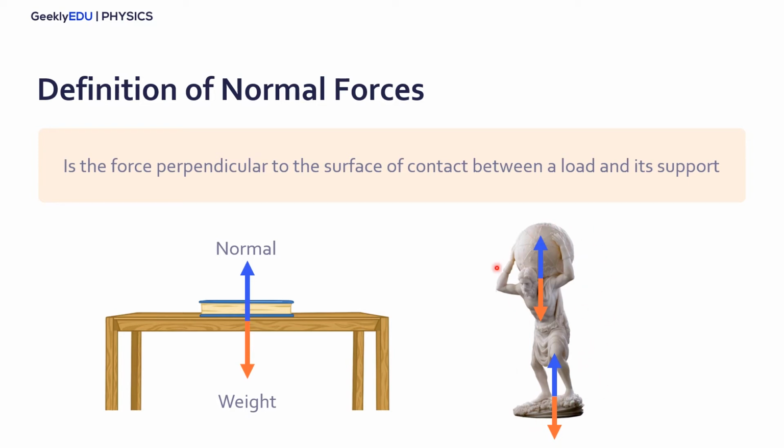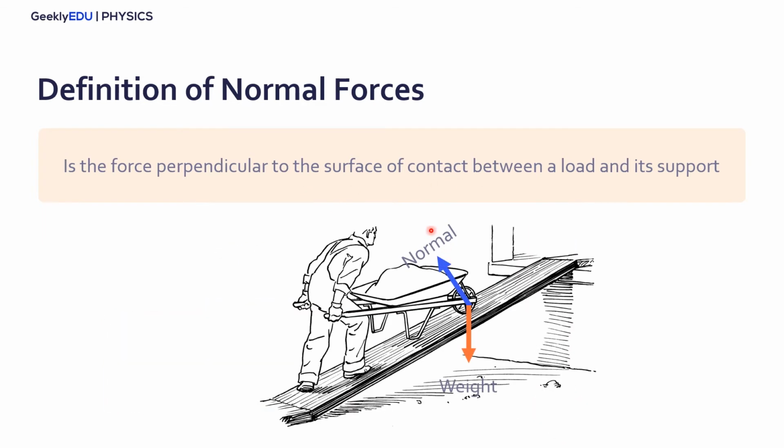Now we have equilibrium. Just be careful because the concept of normal forces can be misleading sometimes. Remember, it's a force always perpendicular to the surface of contact, alright? So for example, in this image, we have an inclined plane.